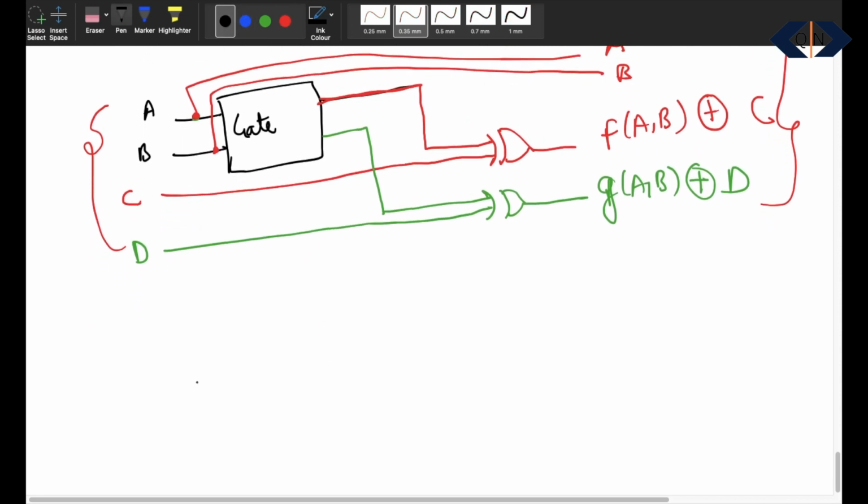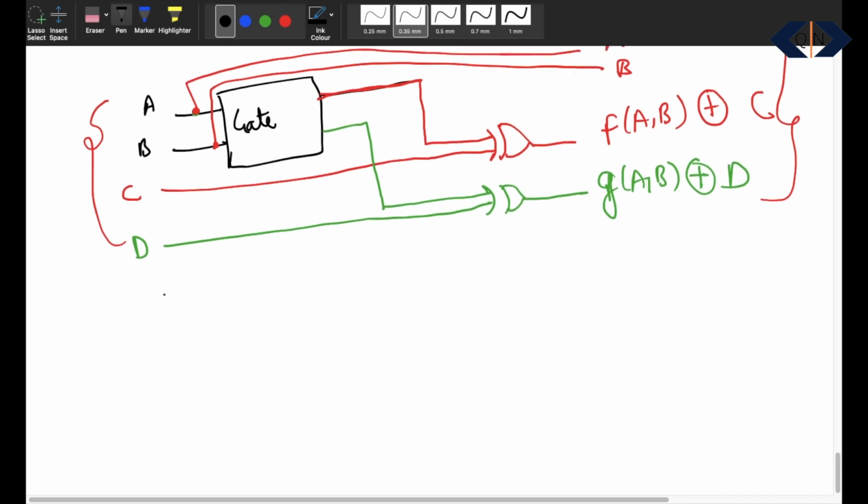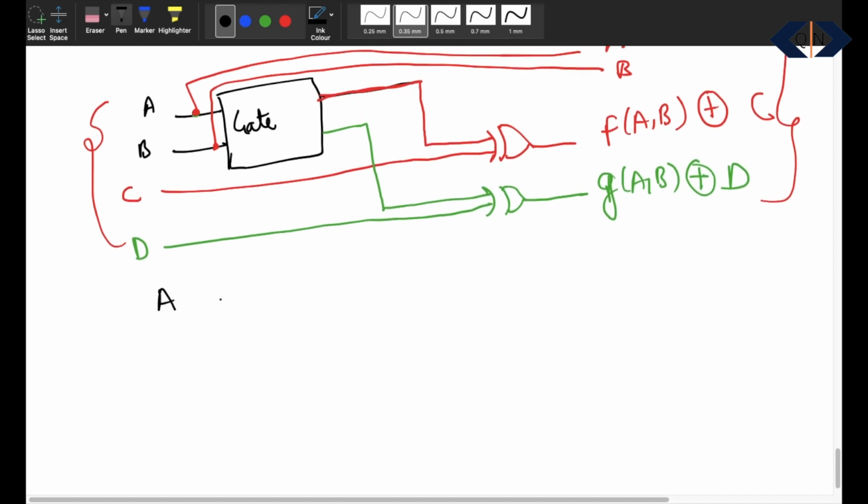So can we write a truth table of this? Definitely a slightly longer truth table but worth writing.